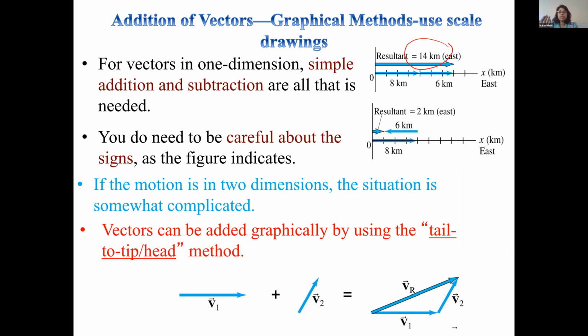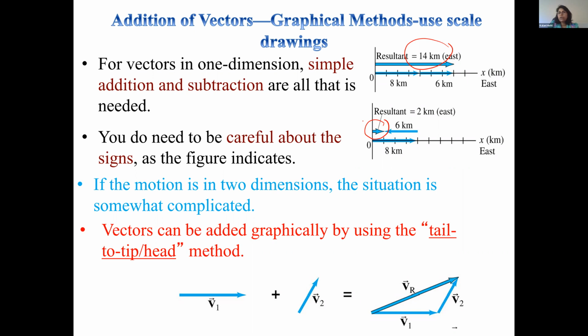They are in the same direction, so you can directly add them. But if you have 8 to the right and 6 to the left, then you have the difference between these two, that will be 8 minus 6. That will give you the resultant vector. So this is very simple: when we have vectors in one direction, you need to add or subtract, right?